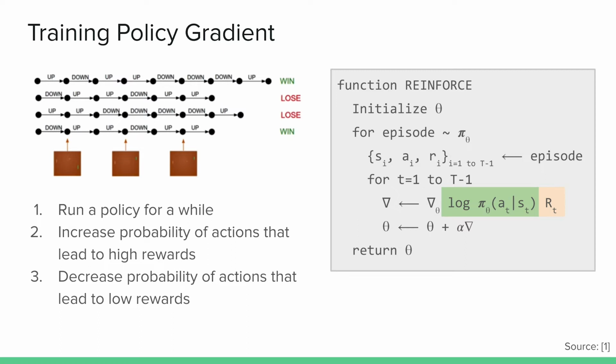So the left part here, the green part, is the log likelihood of the action in a state, multiplied with the expected discounted reward from that point in time. That is our gradient, and we can compute the backprop step here. Once we have our gradient, we can update our parameters in the same way that we've already seen before.